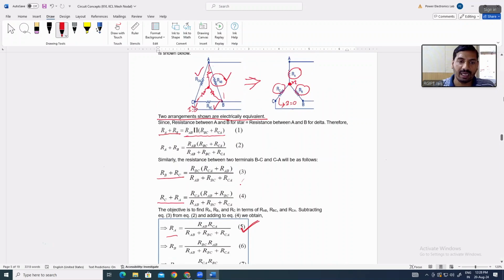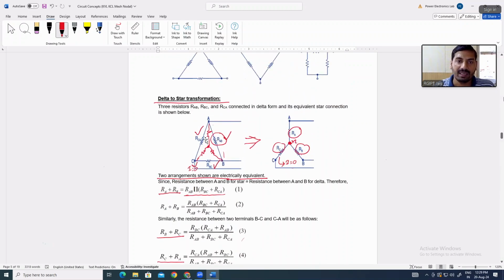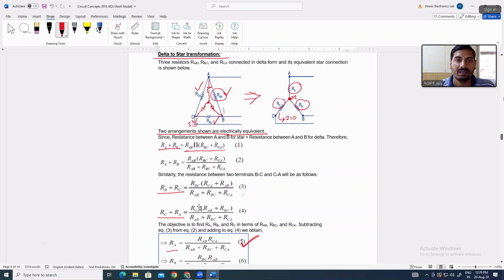Means ultimately RA का वैल्यू क्या मिल रहा है? RAB RCA. You can find in the numerator. In the numerator value is RAB RCA. Means we have taken this star connected resistor and the value is coming in the numerator multiplication of these adjacent resistances connected in delta. Okay, RAB RCA ये दोनों आ रहे हैं मल्टीप्लिकेशन में, न्यूमरेटर में.